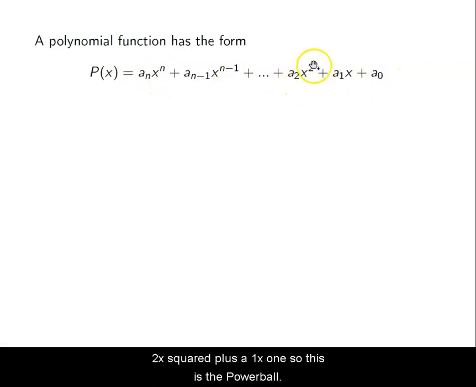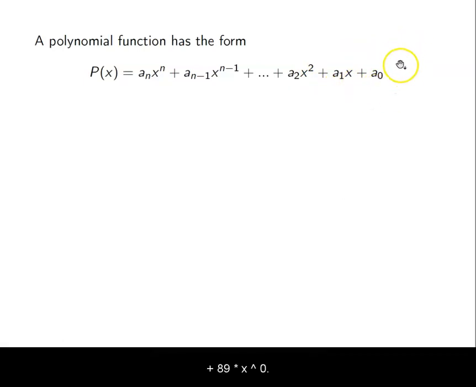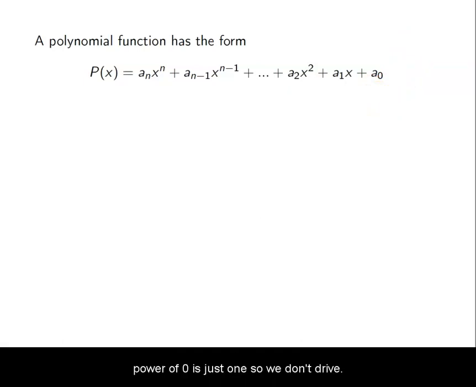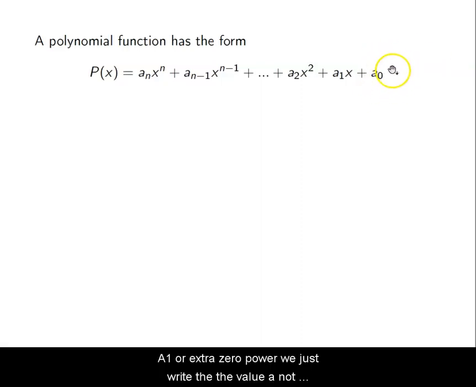So we have a_2 x squared plus a_1 x to the power of 1, plus a naught times x to the power of 0. Remember, anything to the power of 0 is just 1, so we don't write x to the 0 power, we just write the value a naught.